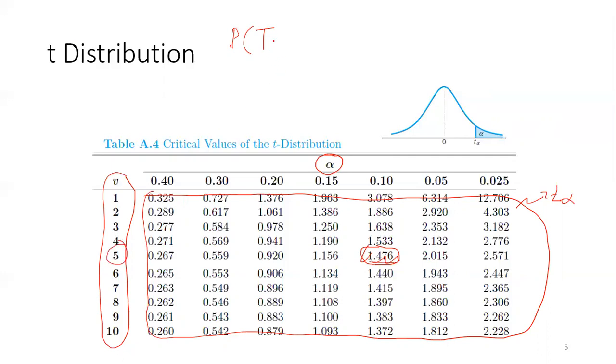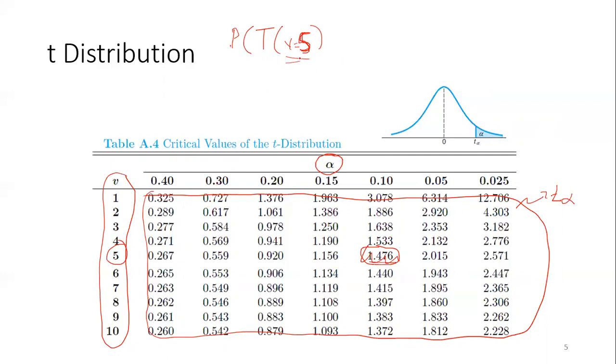Let's say this is the probability of t with v equal to 5. Later, we will drop this notation because in the question the degrees of freedom is given, hence I won't use the degrees of freedom in the questions. Here, since we will solve different t random variables with different degrees of freedom, I will keep this.